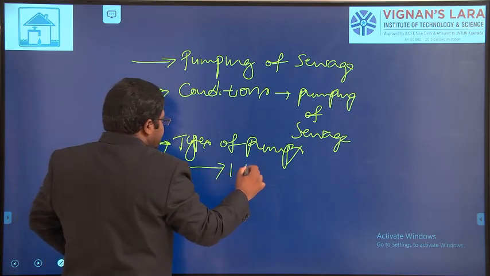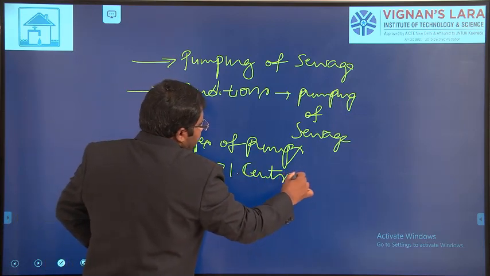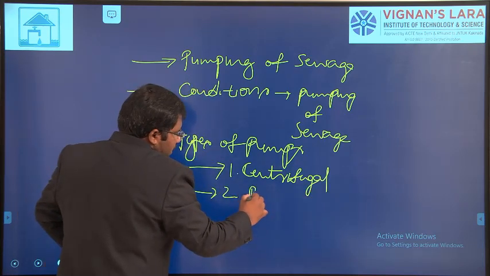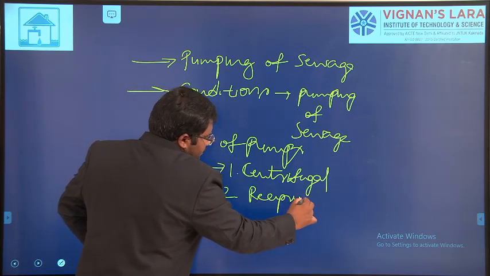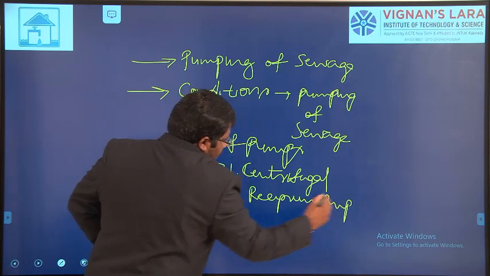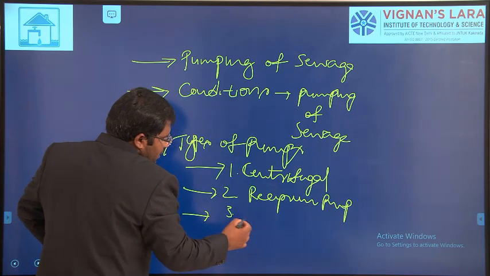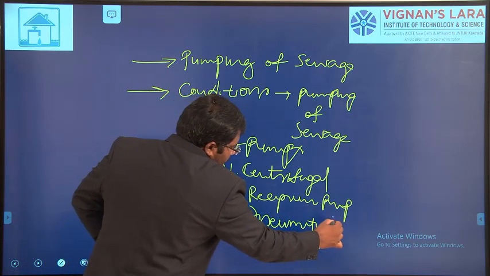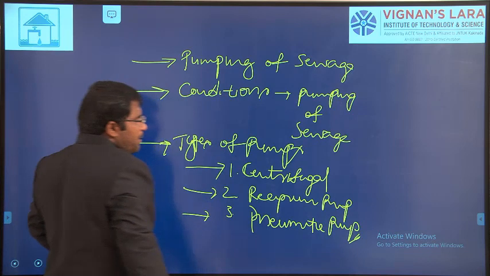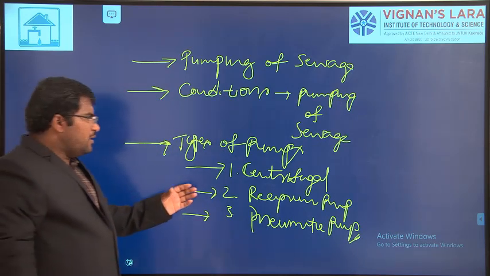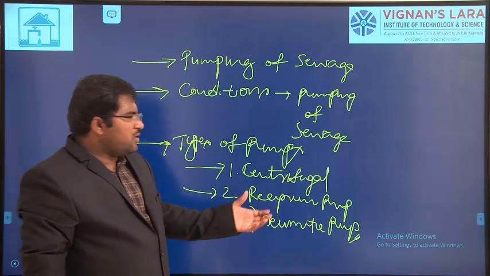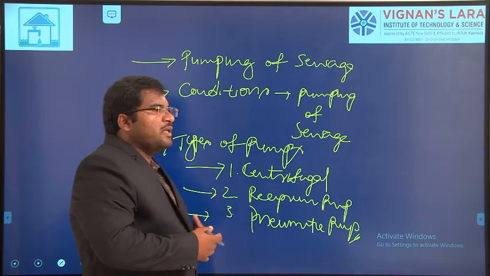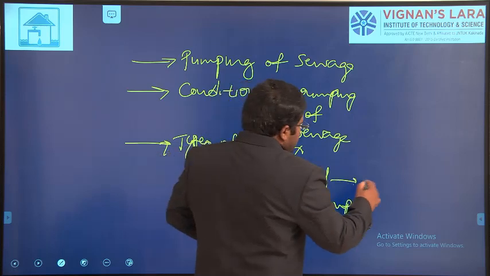Number one is the centrifugal pump, number two is the reciprocating pump, and the third one is the pneumatic pump or compressed air pump. The centrifugal pump is normally used and can be placed wherever you want. It is very easy, but the problem with the centrifugal pump is that it will get clogged.